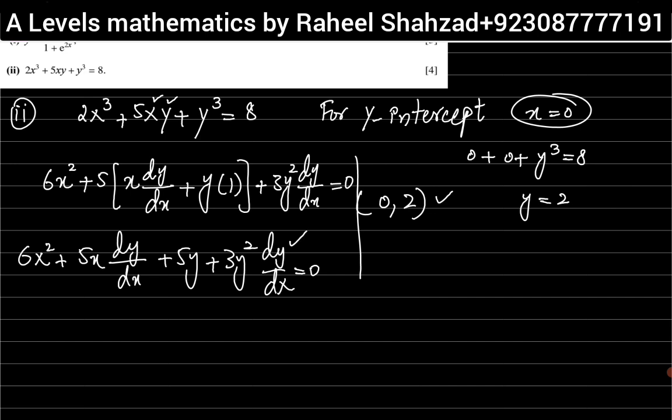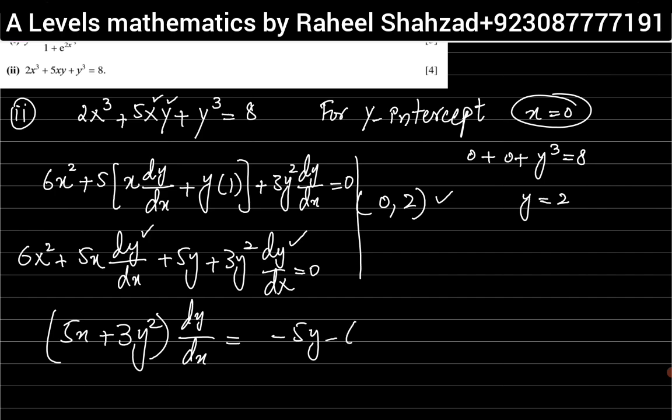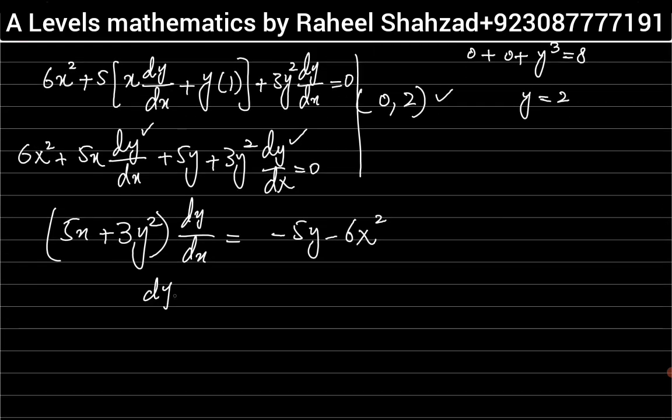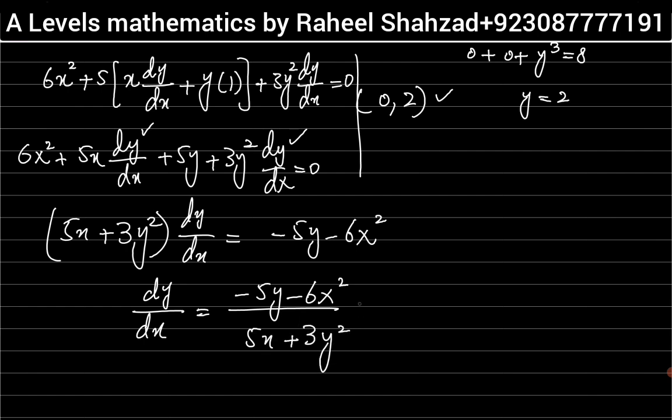Now we need to rearrange it. 5x plus 3y square into dy by dx is equal to minus 5y minus 6x square, and now this dy by dx is going to be minus 5y minus 6x square whole divided by 5x plus 3y square, right?